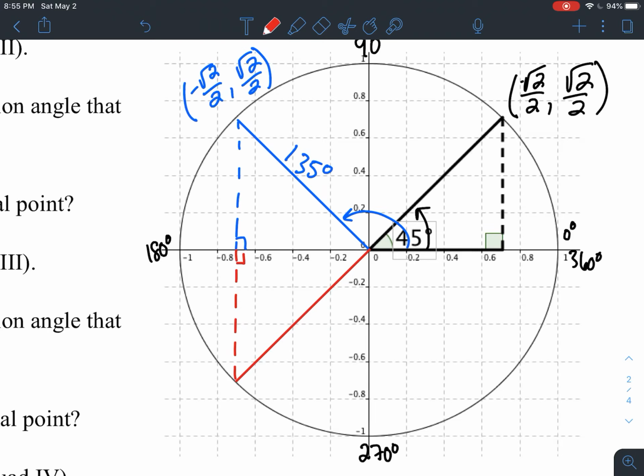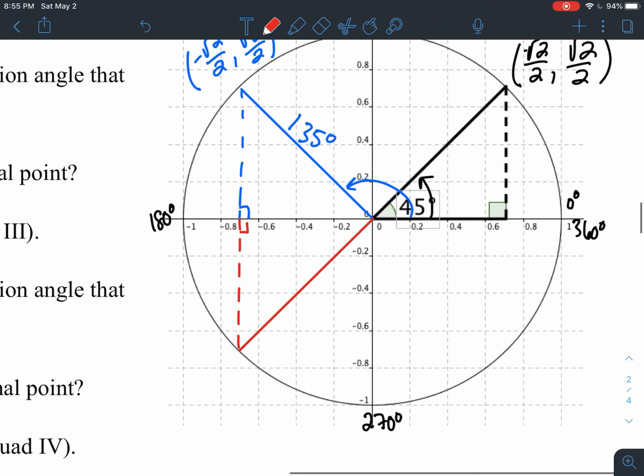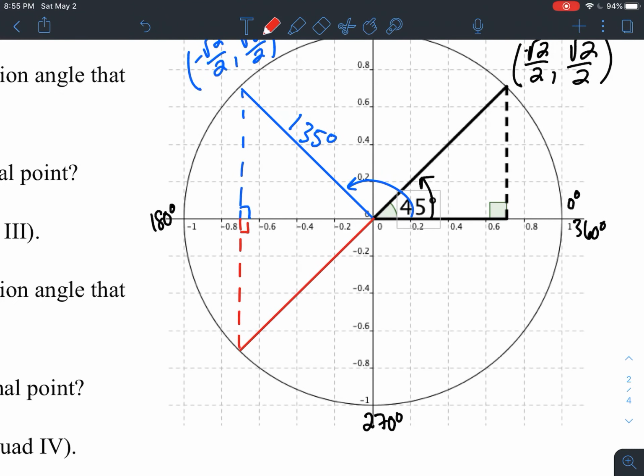I'm flipping it down, so it flips the y value. From negative square root of 2 over 2, comma, square root of 2 over 2, the blue point, I reflect down. My x value is still negative, but now my y value is also negative: a negative x value and a negative y value.